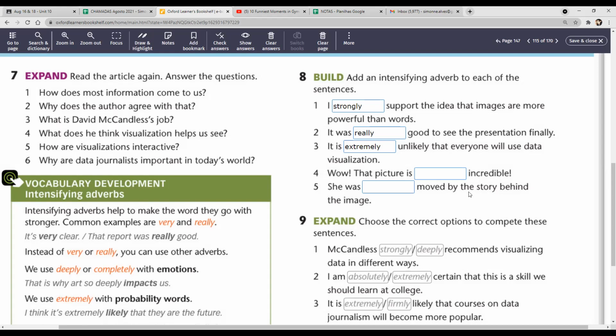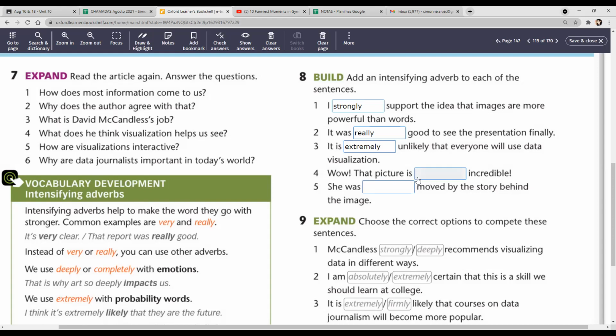I'm just giving my opinion. I think it's incredible. And here, as you can see, I'm using an adjective. Completely, deeply, they are more commonly used with verbs, right? Not that I can't use them with an adjective, I can, but here we have an adjective. So it's more like opinion, right?